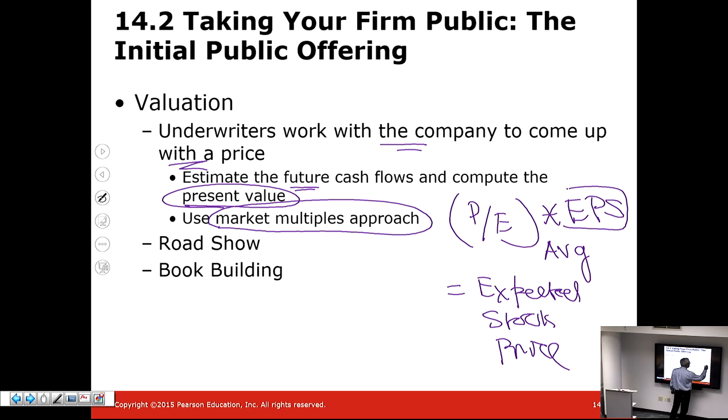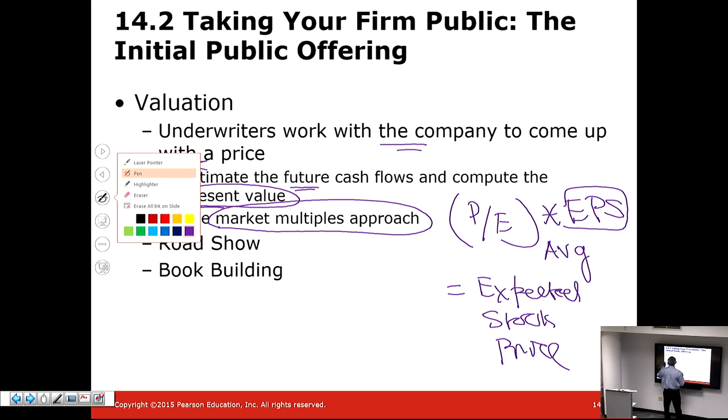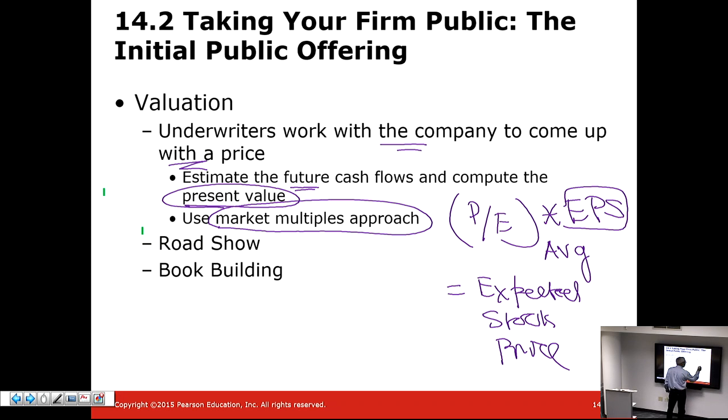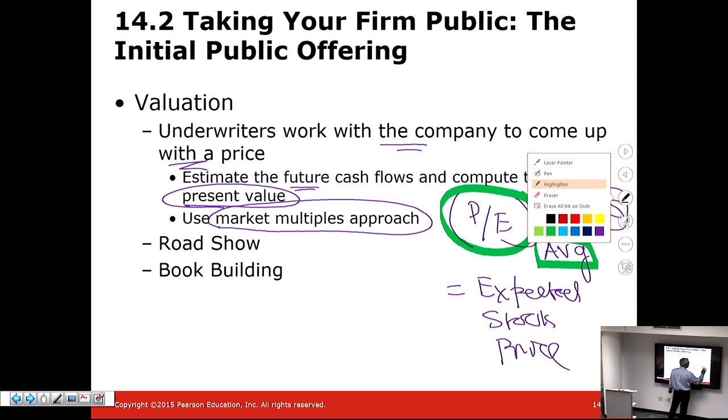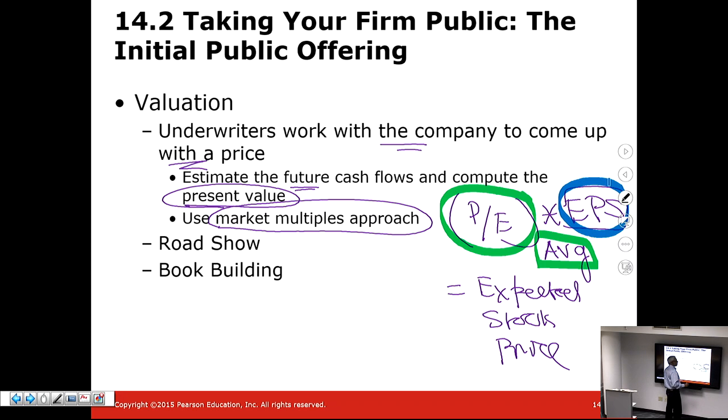The key part here is to understand that the PE ratio is the average for the industry. However, the earnings per share is for the particular firm. Those are the two important distinctions that you need to keep in mind.